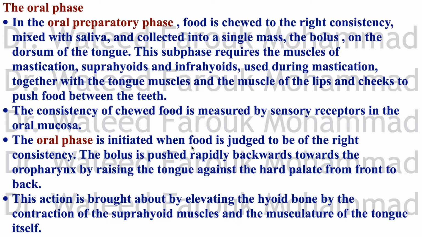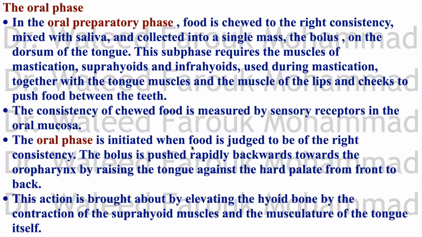This phase requires muscles of mastication, suprahyoids and infrahyoids, together with the tongue muscles and the muscles of the lips and cheeks to push food back between the teeth. The cheeks push the food from the vestibule of the mouth that surrounds the teeth back into the area between the teeth to be properly chewed.